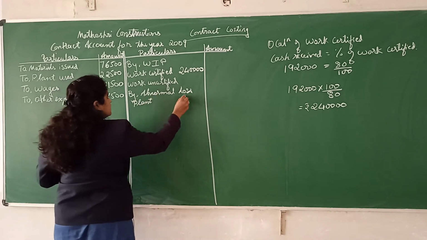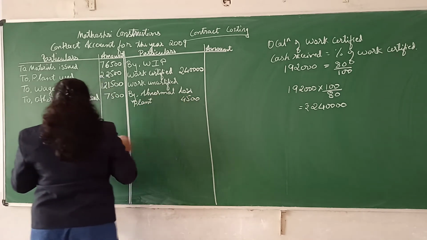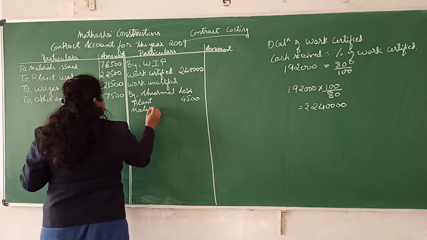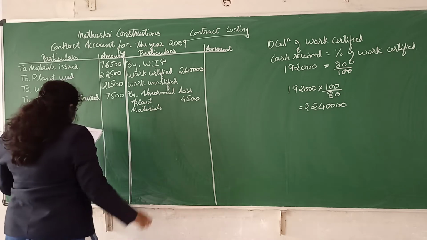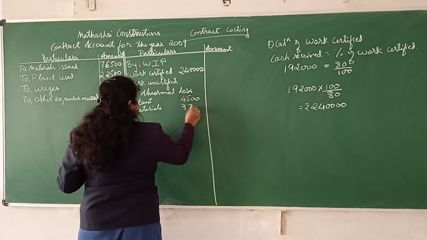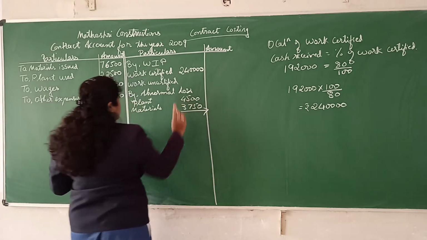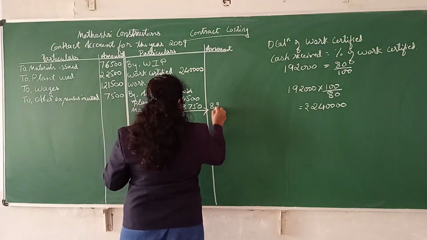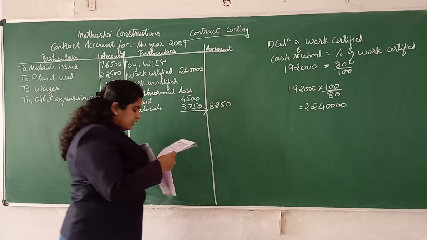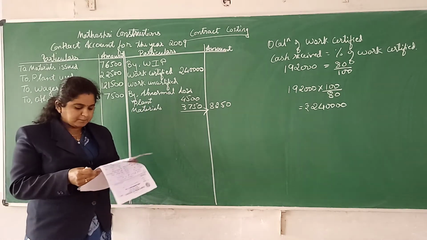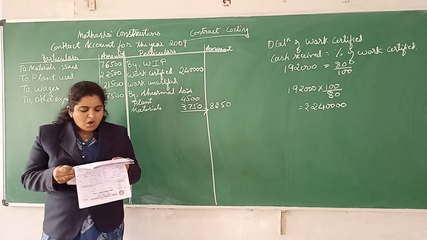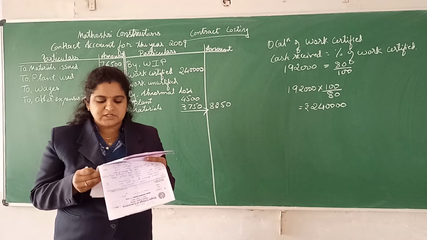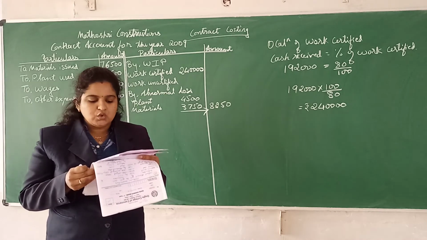Plant 4,500, materials 3,750. Make the total of these two and take it in the outer column. So the total is 8,250.